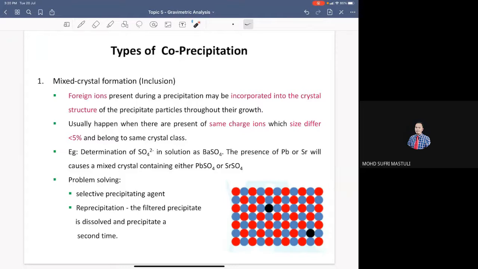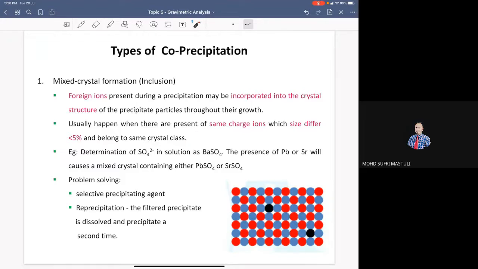So we call it inclusion. Usually it happens when there is an ion of the same charge, with a size that differs by less than 5%, and that belongs to the same crystal structure. So this is the condition.